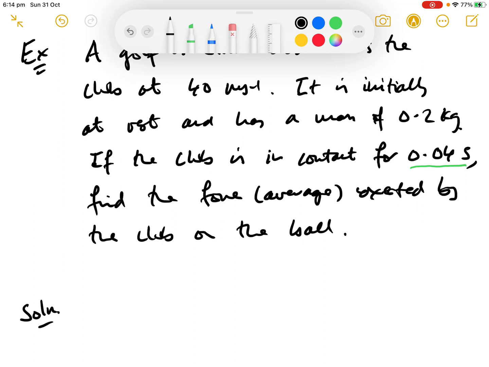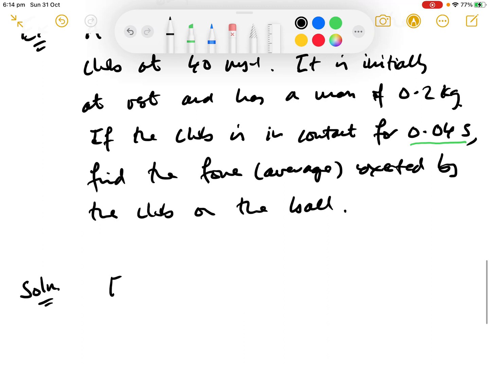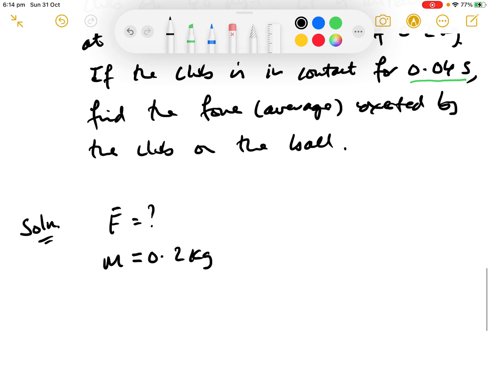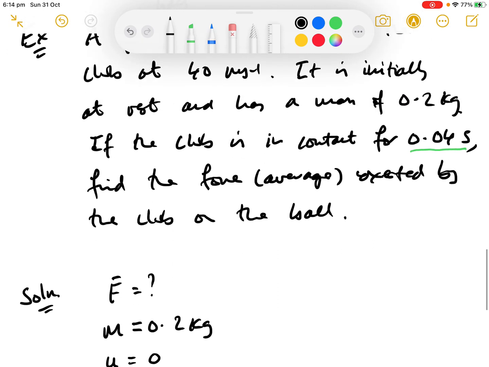Right, solution. Well, list your variables. F bar is our unknown. M, 0.2 kilograms. U is at rest. V is its final velocity.